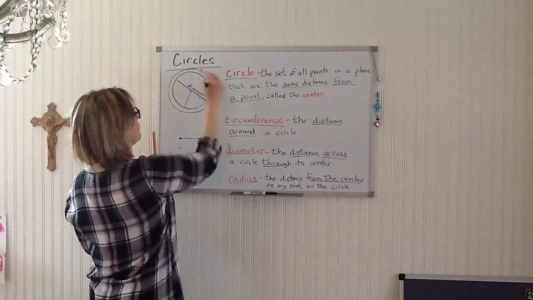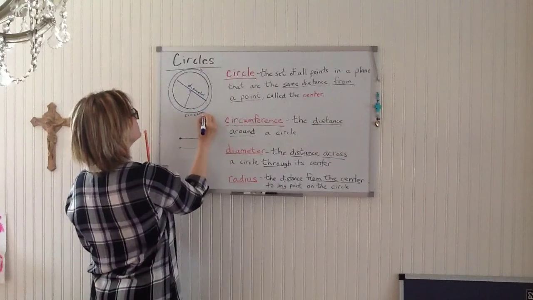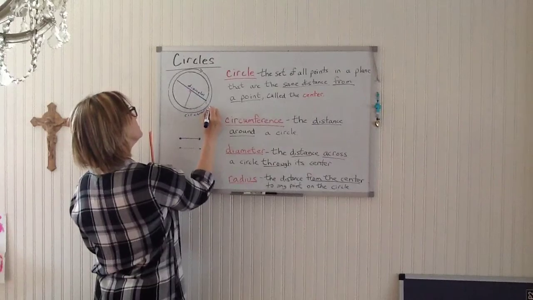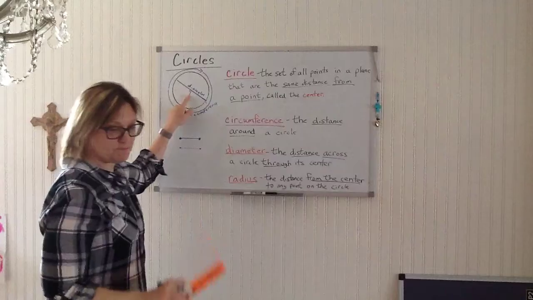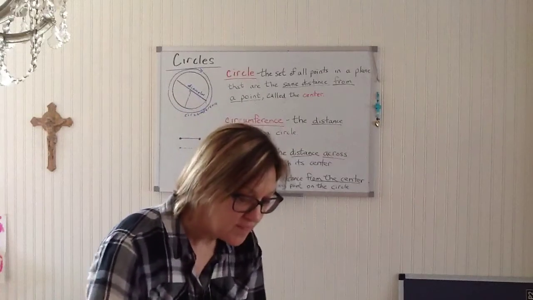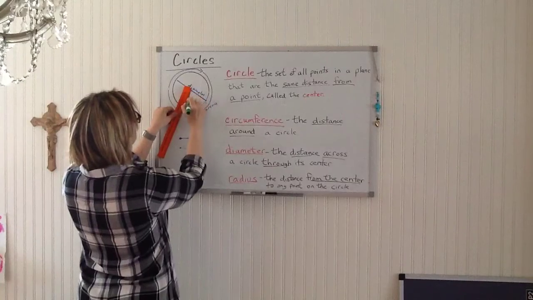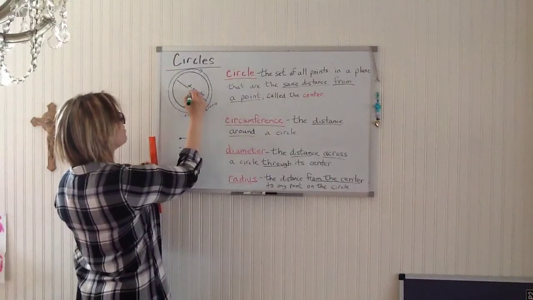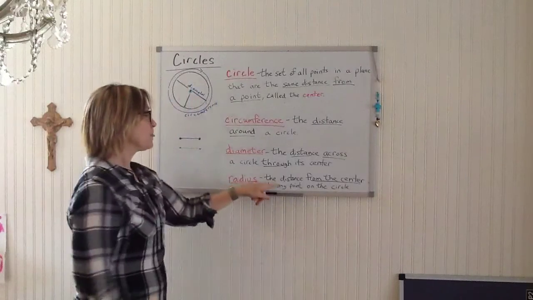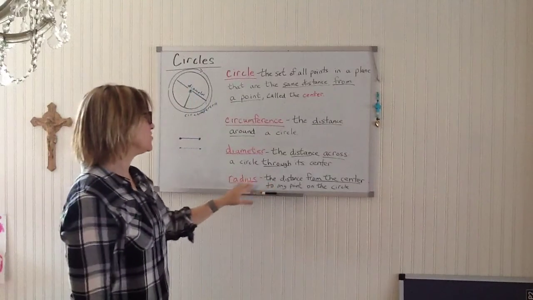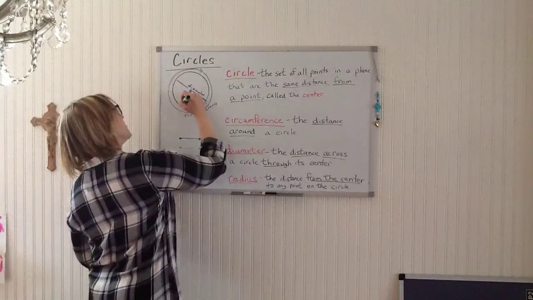The distance around is called the circumference. And then I have this little segment there that also has a name, from the center to the edge, but not through the center. Okay, it does not go through the center, and that's a radius. And the definition is it's the distance from the center to any point on the circle.